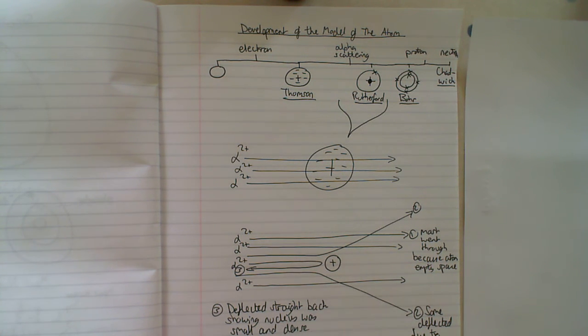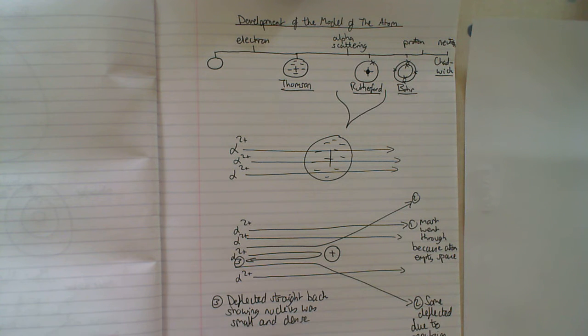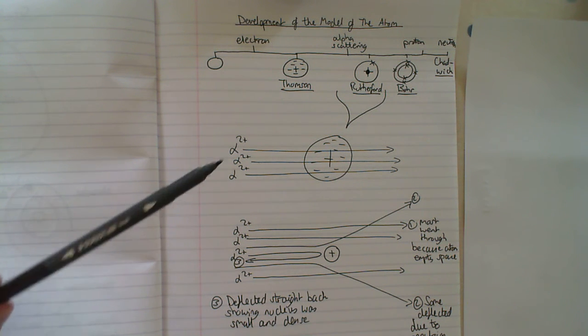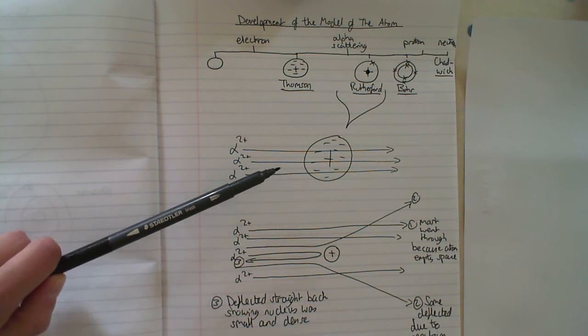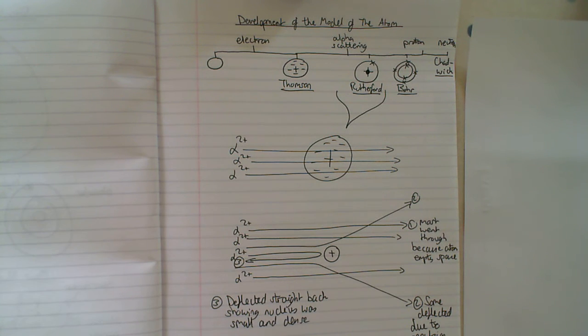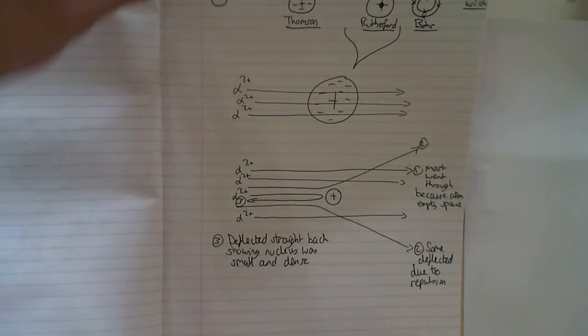And because of these three results, most going straight through, some being deflected and some being deflected straight back, which were not what the plum pudding model predicted, we could prove that the plum pudding model must have been wrong. So Rutherford came up with a nuclear model.